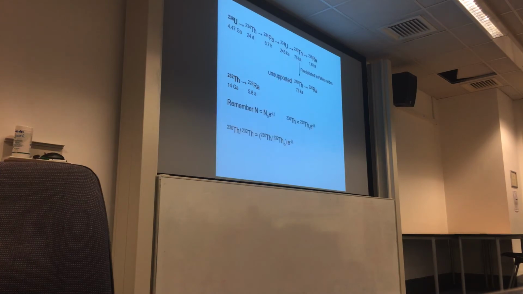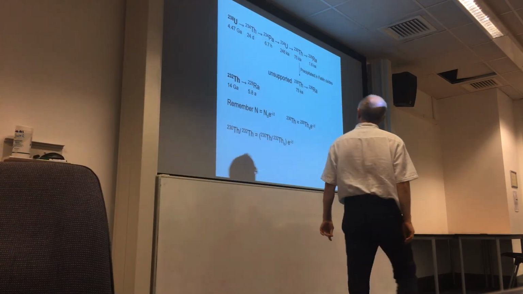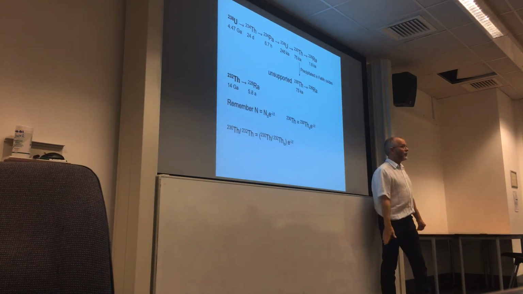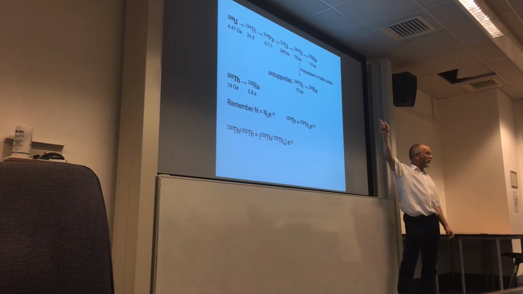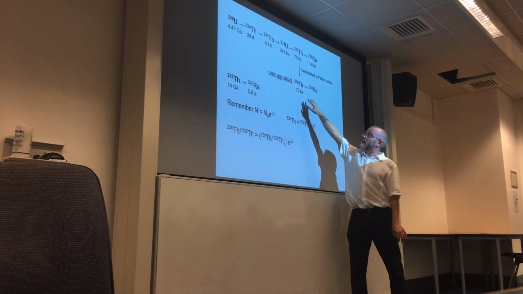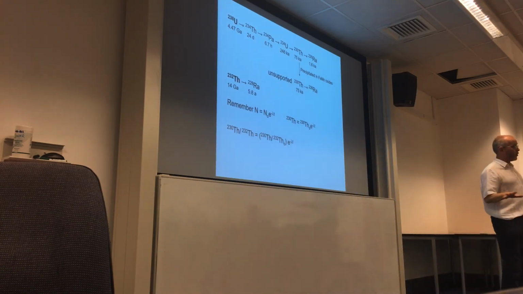So what happens then is this thorium-230 precipitates out from seawater and accumulates in iron and manganese oxide. And when it gets to that iron and manganese oxide, it's what we call unsupported.